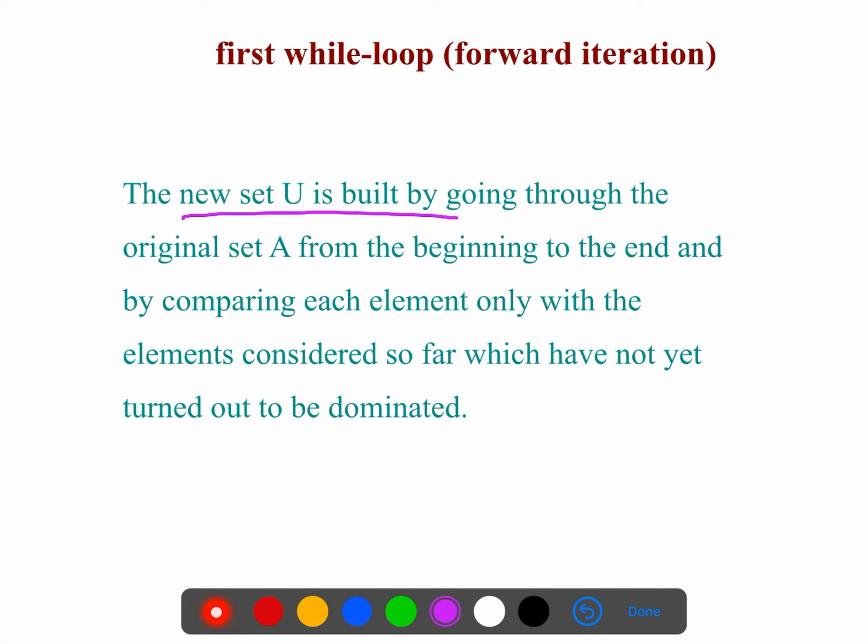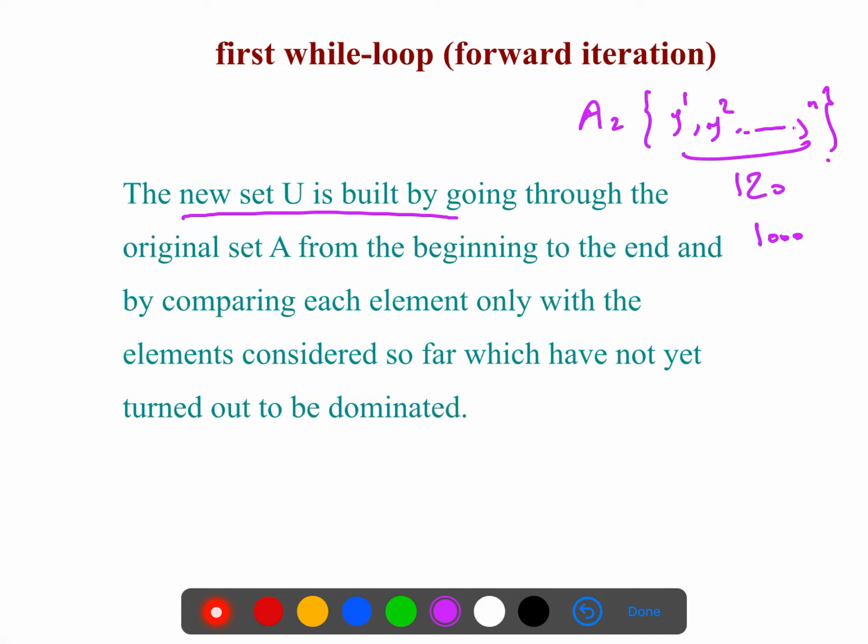So as I said, the new set U is built by going through the original set, because here we assume that A is finite. So we have finite points in our objective space, maybe 120, I don't know, maybe 1000. But it is finite, and it is not very much, because you want to do it manually.